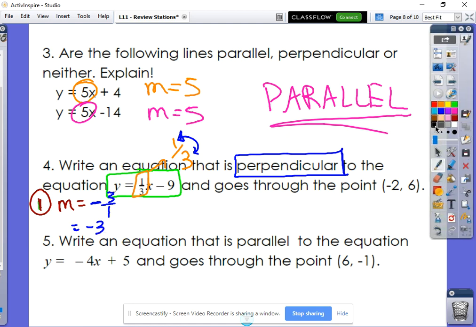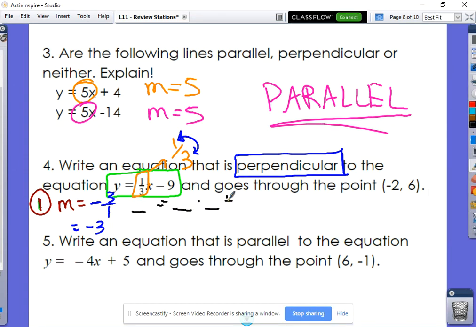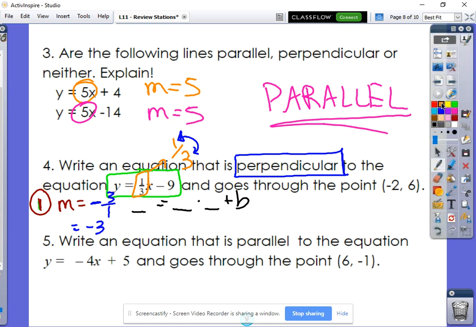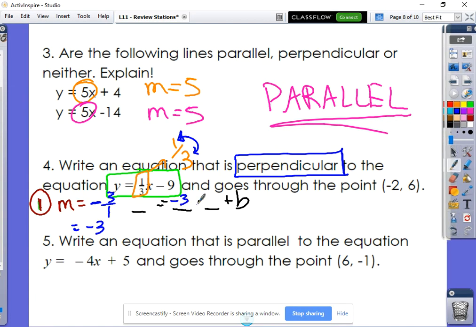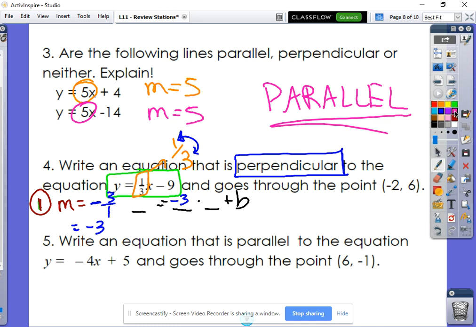All right, step 2. Step 2 is to start plugging everything into y equals m times x plus b. So let's start plugging in. Negative 3 goes right in the middle. That's our new slope. And then it gives us a point. Do not forget about this point over here.